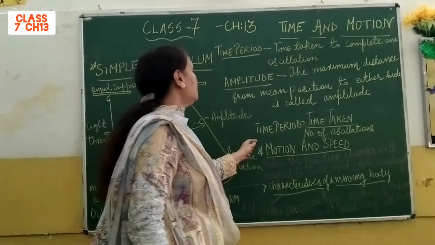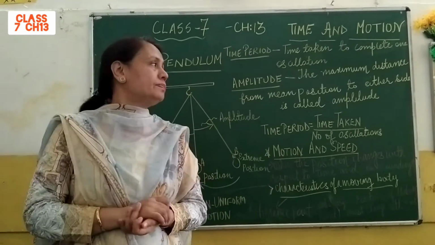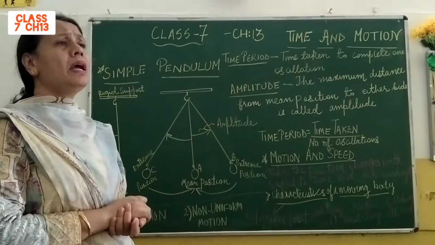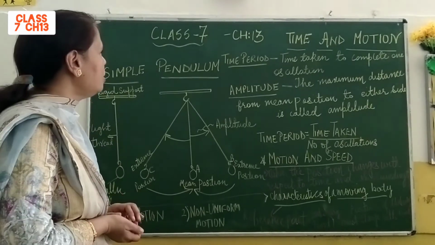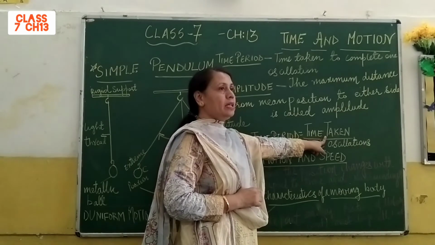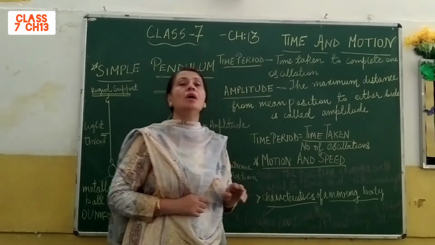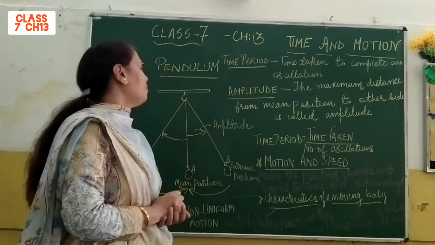Coming to the third important term, that is time period. Time period is the time taken by a pendulum to complete one oscillation. The formula to calculate it is the time taken by the pendulum upon the number of oscillations the pendulum is doing.